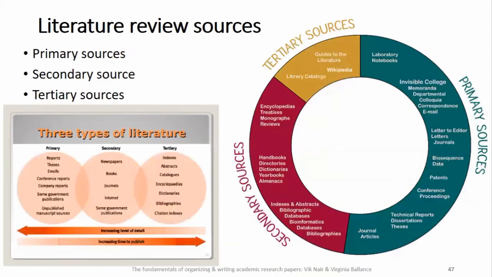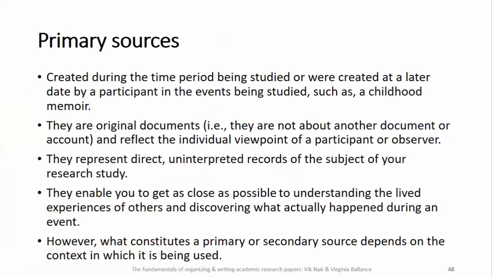Sources for the literature review. Dr. Vic showed briefly a screen which showed there are three kinds of sources: primary sources, secondary sources, and tertiary sources. Primary sources would be, simply stated, original documents that were created at the time of the event.